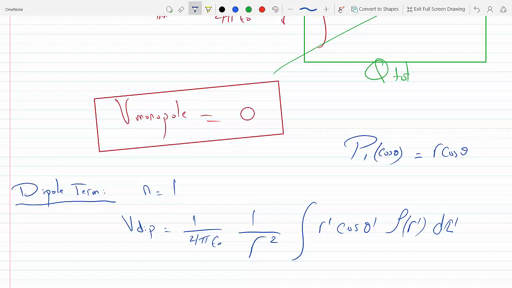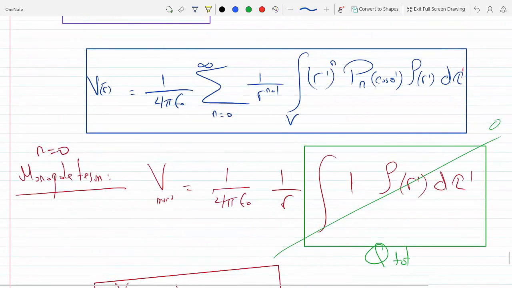So that's the second term here, when n equals 1.